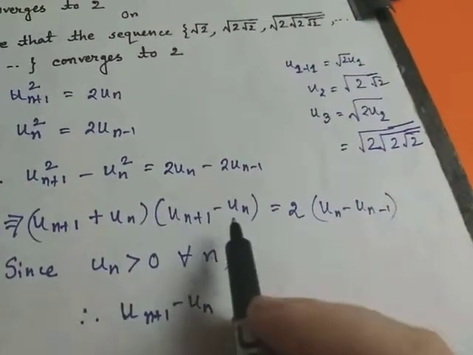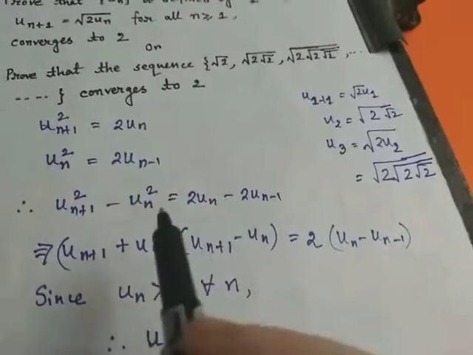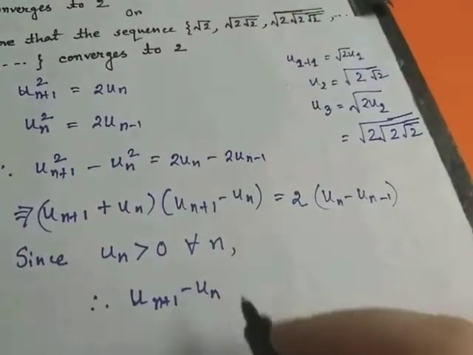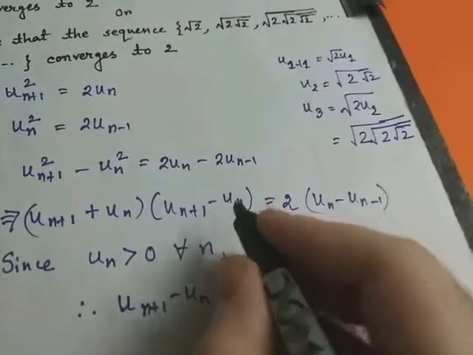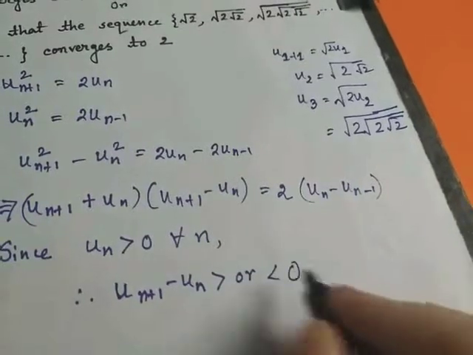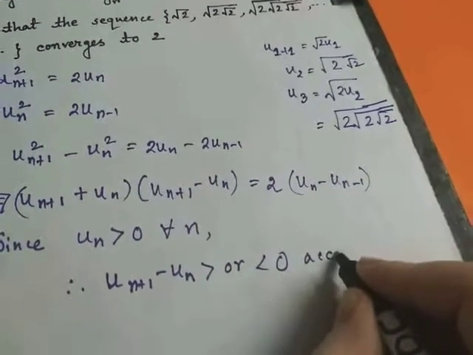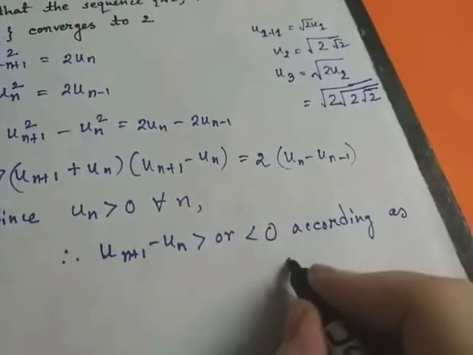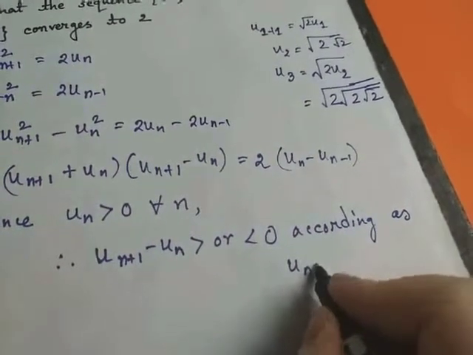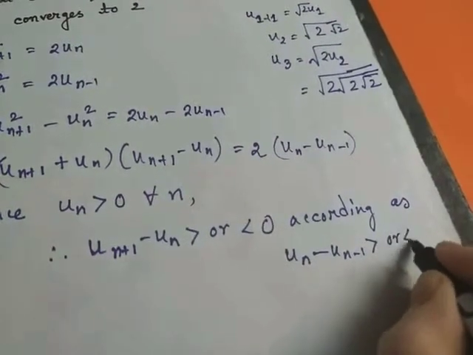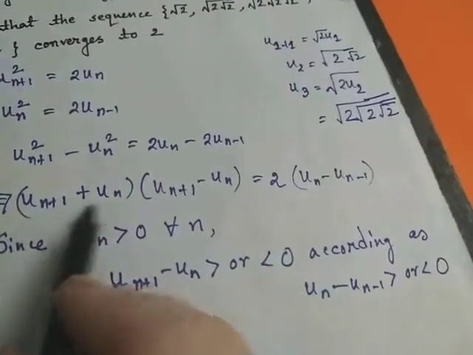We don't know whether the sequence un is monotonically increasing or decreasing. So here un+1 minus un is greater than or less than 0 according as un minus un-1 is greater than or less than 0, because this factor is strictly greater than 0.